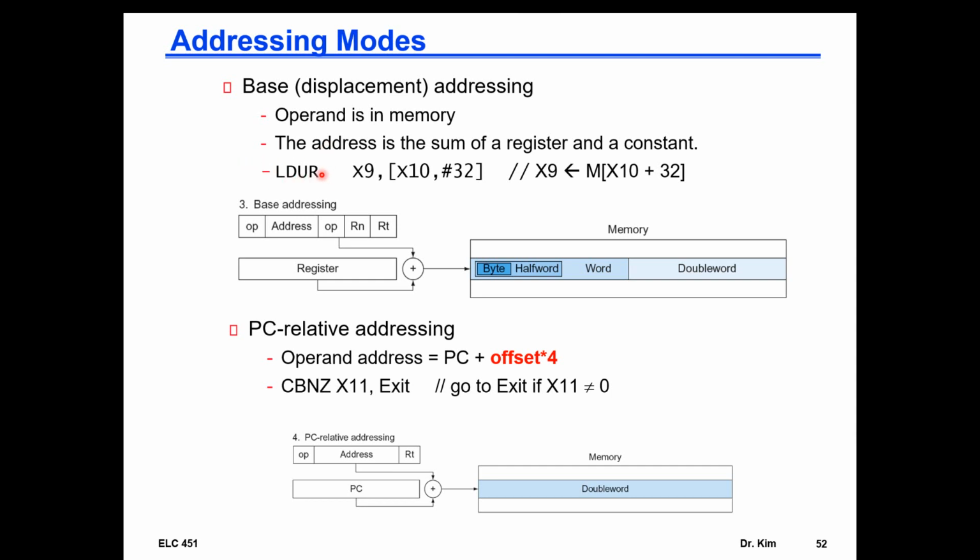So here, the address where the data that we're going to load into register 9 is formed by adding the contents of register 10 and this immediate constant. And this is the register transfer notation. So register X9 gets the contents of memory at address given by register X10 plus 32.